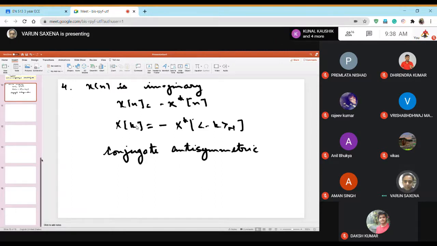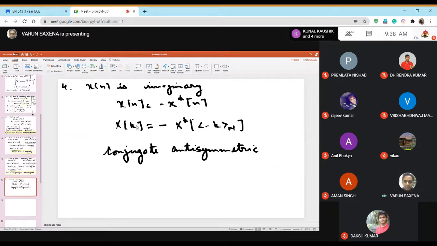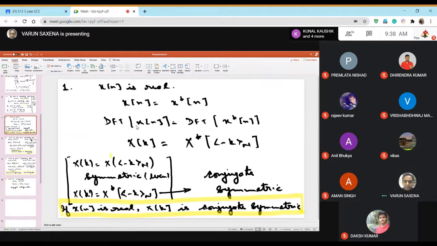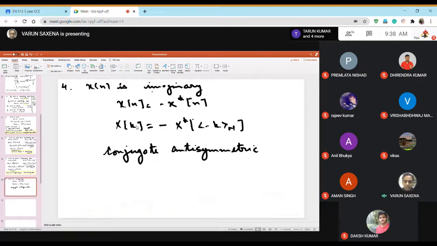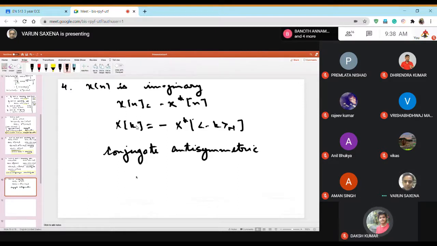So, if you remember when we were here, I said that if xn is real, then the DFT is conjugate symmetric. If xn is imaginary, the DFT is conjugate antisymmetric. So how did we say that this is antisymmetric?